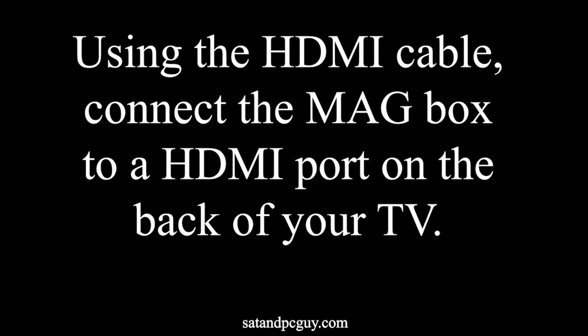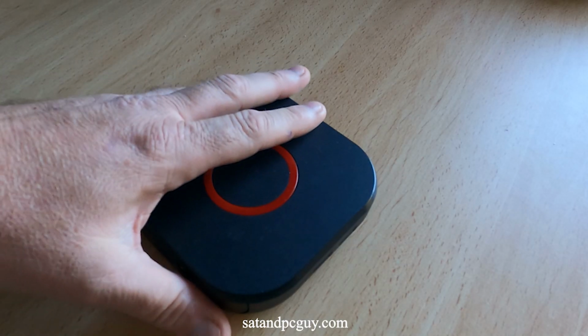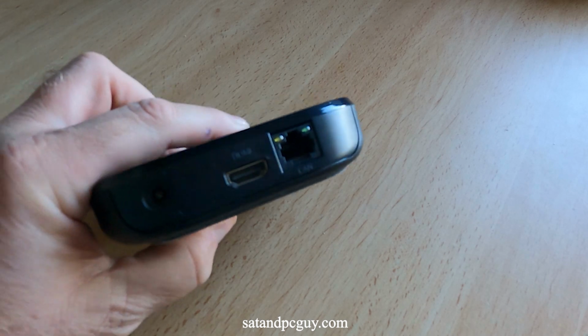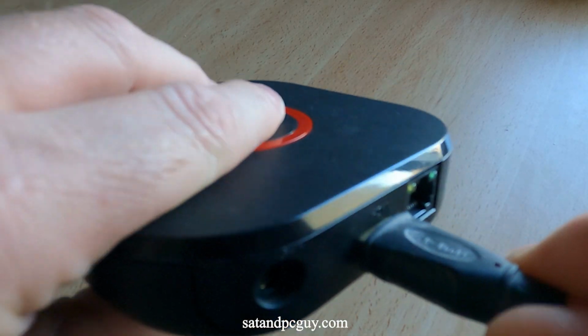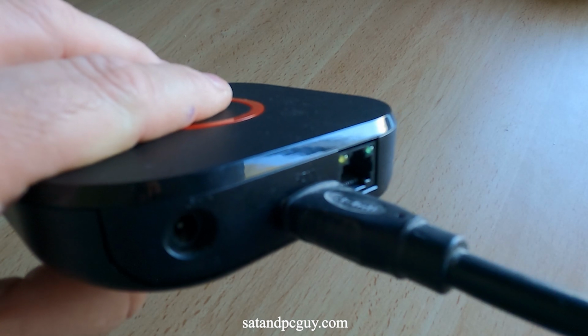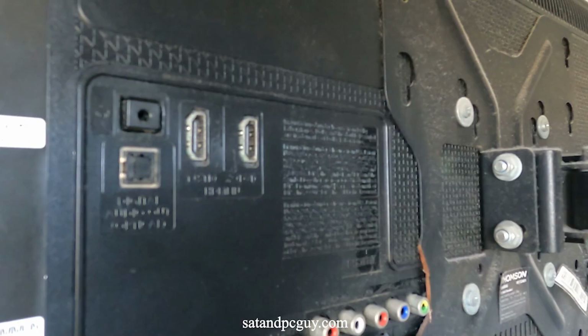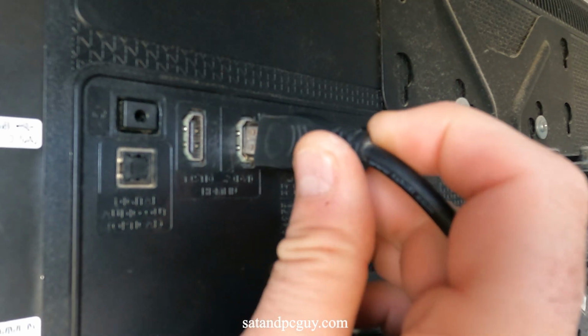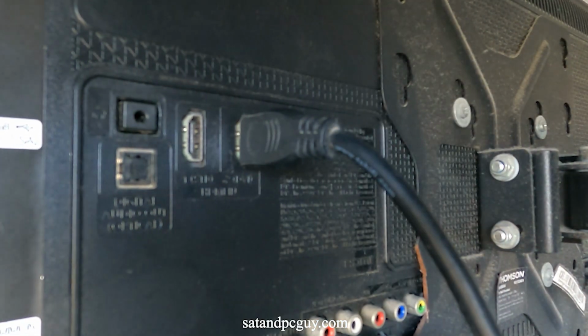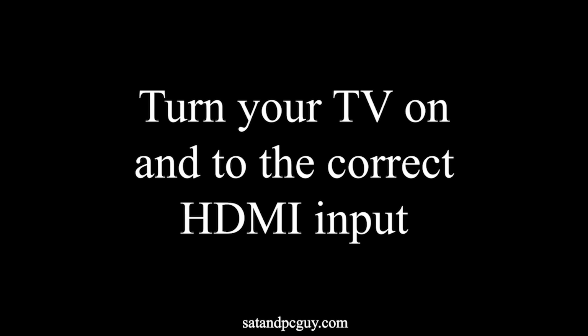First we need to connect the Mag box to the TV, which we will do with the supplied HDMI cable, connecting it to the HDMI ports on the box and the TV. We make sure that the TV is set to the correct input source for the Mag box.